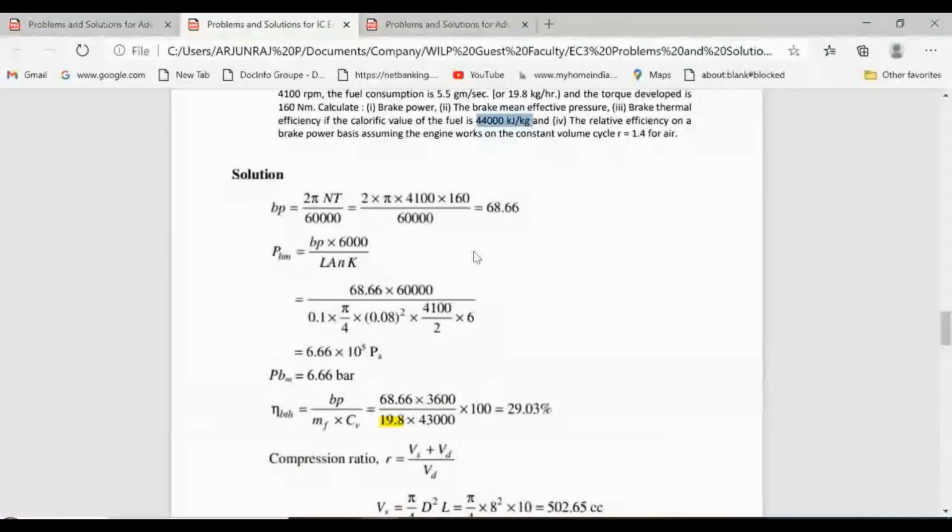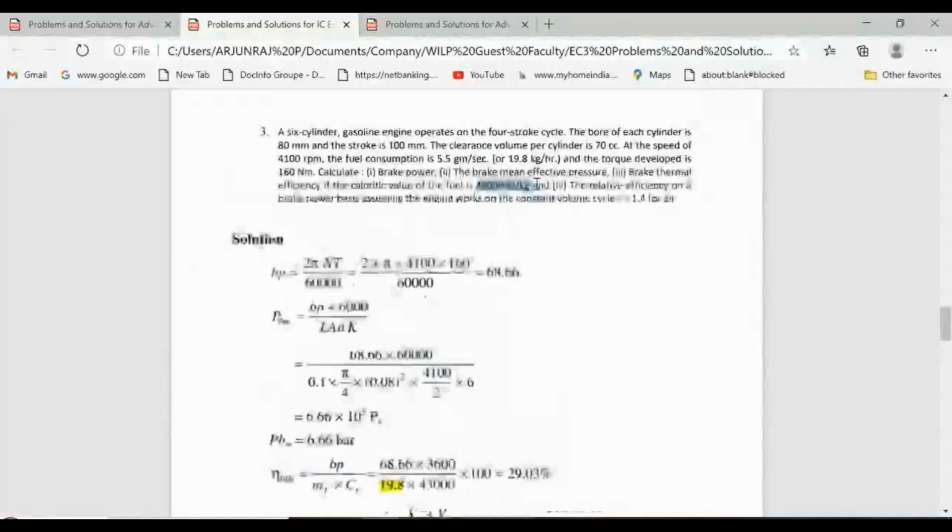68.66 is this brake power, divided by 19.8, which is the mass flow rate of the fuel they gave in the problem. They gave it as kilogram per hour, so you need to convert that into minutes, or you need to convert that into seconds.